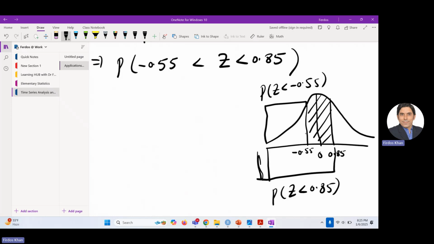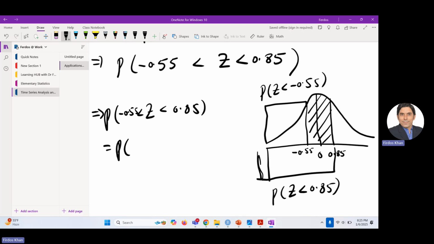So this area, using this formula, you can calculate the total area until here, and then you calculate this area and subtract it from this one. So let's see how we can do this. This means the probability of z between minus 0.55 and 0.85.